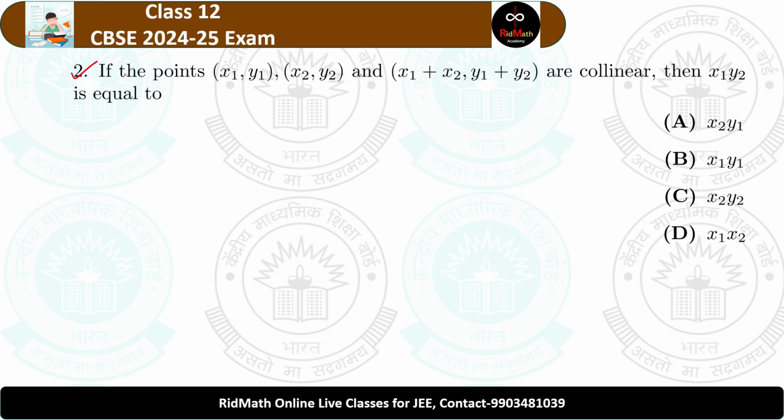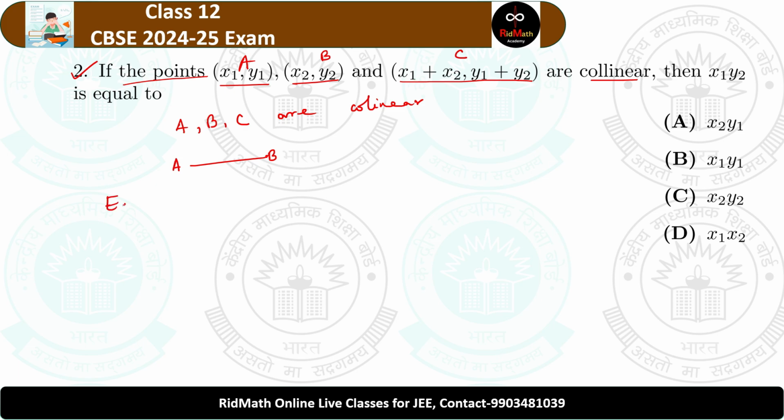Question number 2. If the points (x1, y1), (x2, y2) and (x, y) are collinear, then x1 y2 is equal to what? Okay, so taking these 3 points A, B and C, they are collinear. So we will find the straight line AB, and then we will satisfy C in the equation of AB.